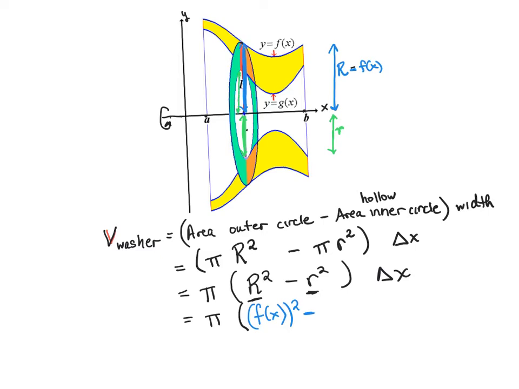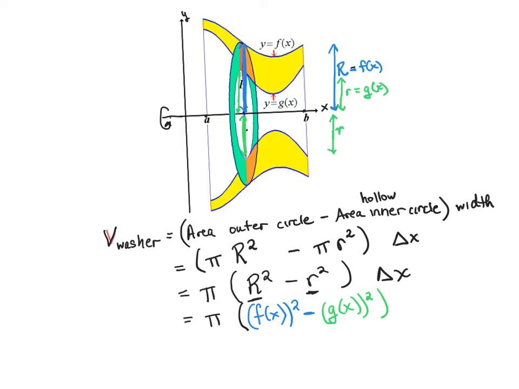So notice that that distance is always from g, it starts from g to the x-axis. And that y value is the y value for g of x. Okay, so we could say that this is g of x squared.